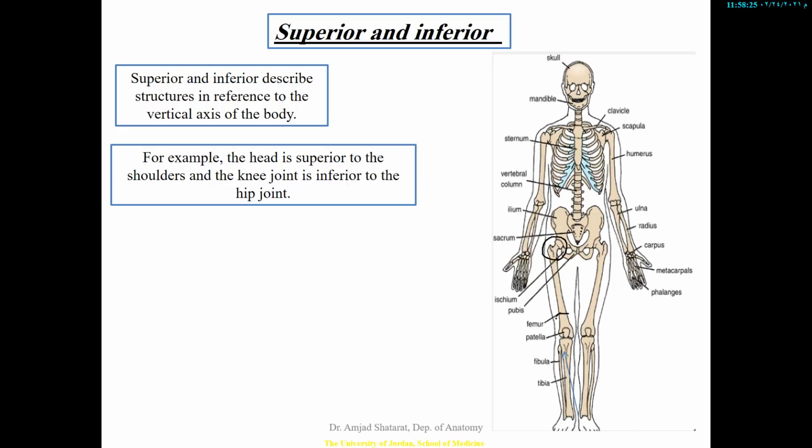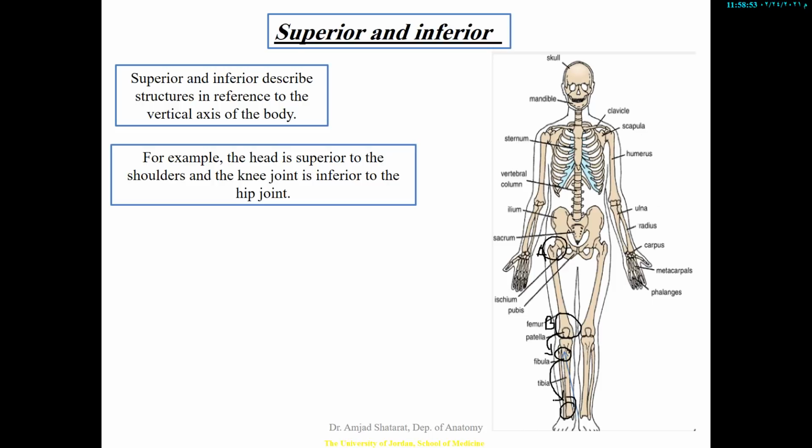If you compare it to this part, and let's call this A and this B, A is superior to B, yet this part is superior to this part, and B is still superior to the other one.